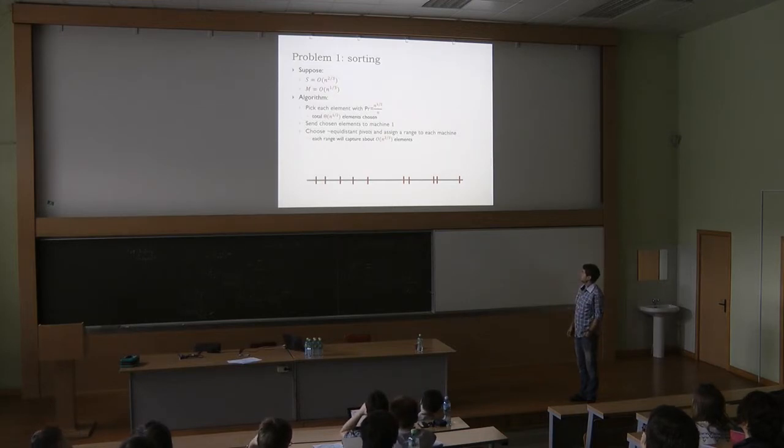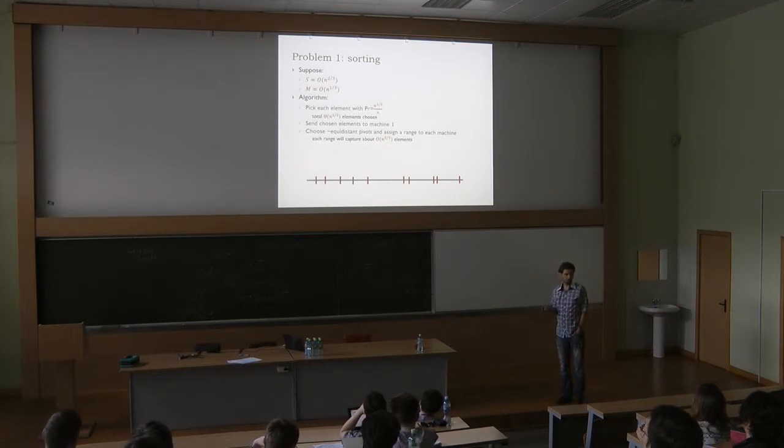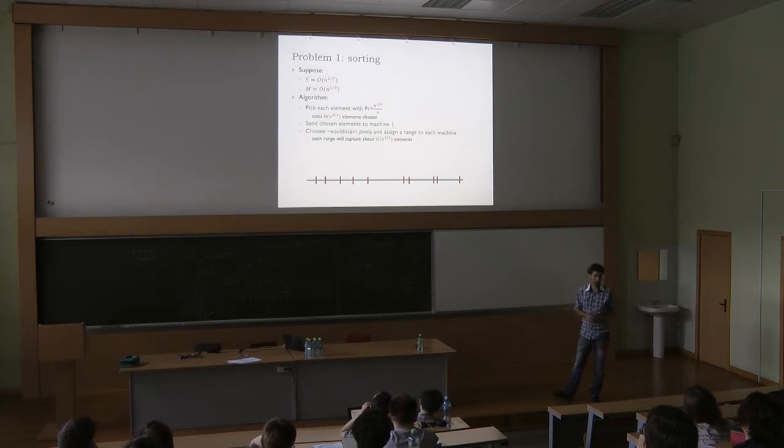Now each machine sends all these chosen elements to one machine. In particular, machine number 1 will get root n elements, which is much less than its space, so it's all fine.